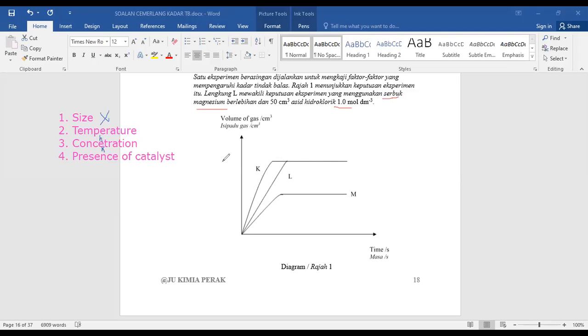Of course, when our friend said using concentration, which is higher, yes, it will increase the rate of reaction, but at the same time, it will also change the volume of the gas which is produced. Why do I say so? Okay, I am going to show you the calculation.